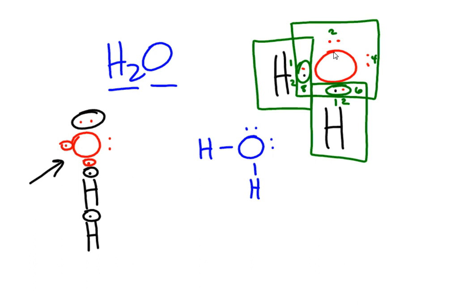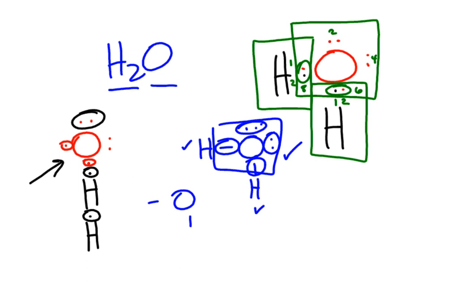It's happy. This hydrogen, check. This hydrogen down here, also check. It has 2 electrons in that line. Oxygen, 2, 4, 6, 8 electrons. Oxygen's happy, so this is your water for you.